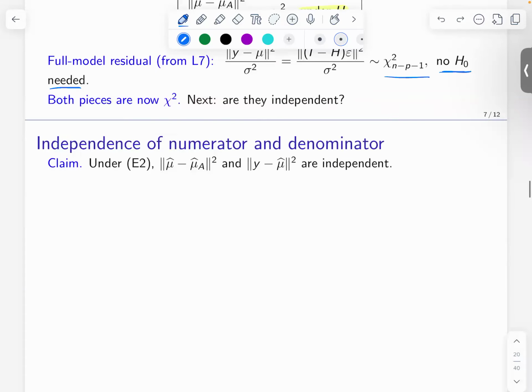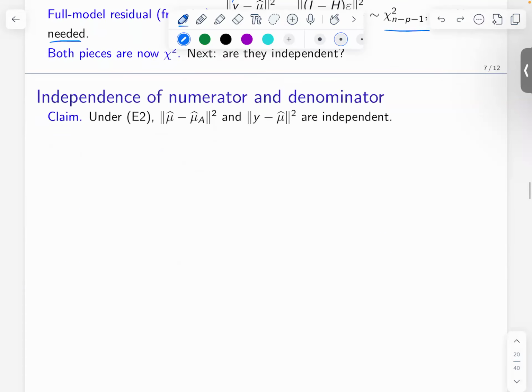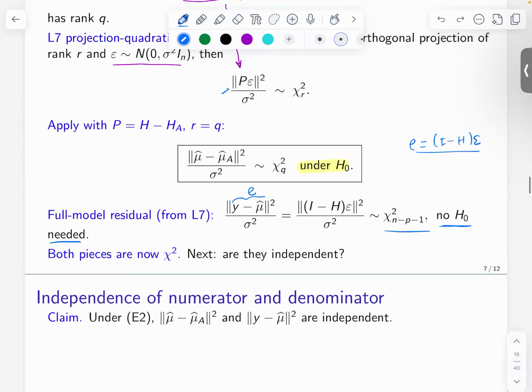You have to think about this fact; it's not so obvious. But once they're independent, the joint distribution is fully specified by the marginals, and you know that the joint distribution is not going to depend on any unknown parameters because the marginals do not. And so when you divide, you're sure that whatever the distribution of the result is, even if you don't know it, it's not going to depend on the unknown parameters.